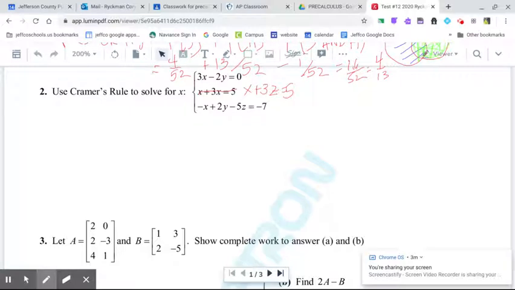So setting up Cramer's, I hope that you know the denominator is the matrix of the coefficients. So the x's are 3, 1, -1. Check your first column. The y's are -2, 0, 2. And the z's are 0, 3, -5.